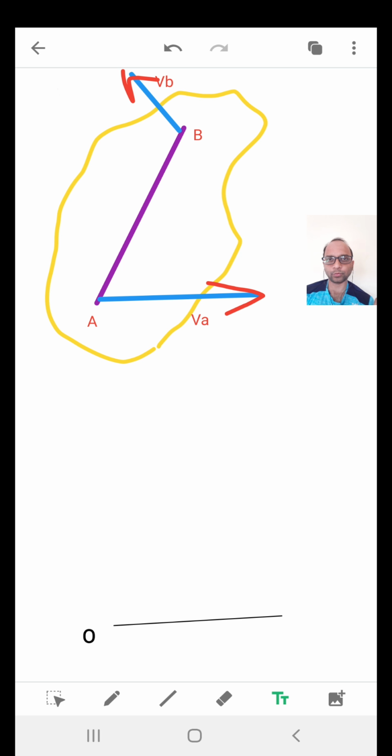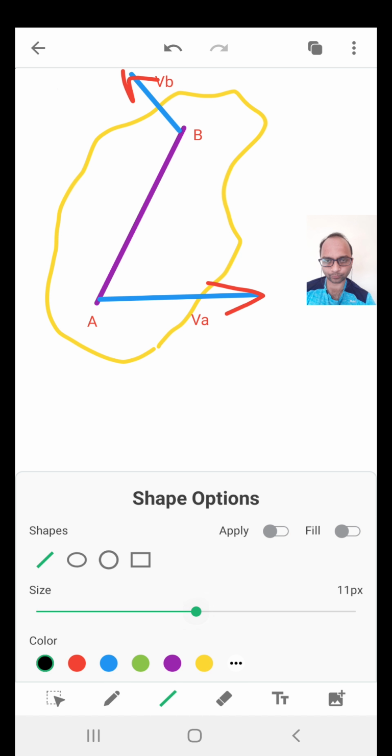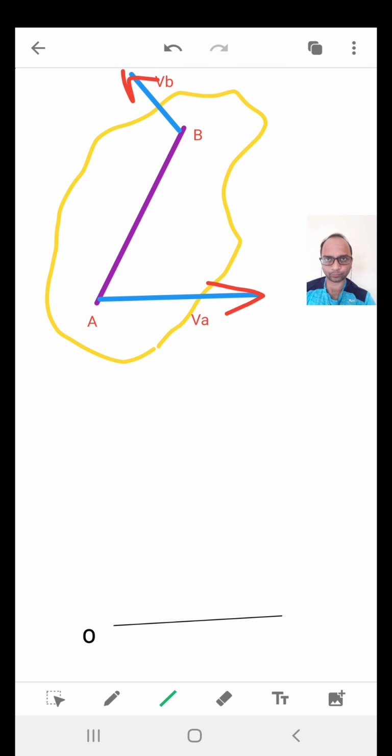draw perpendicular to the rigid link AB. So this is a perpendicular line.